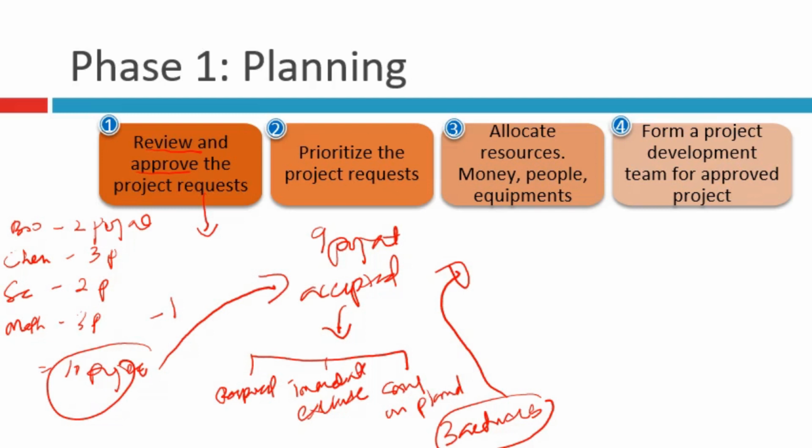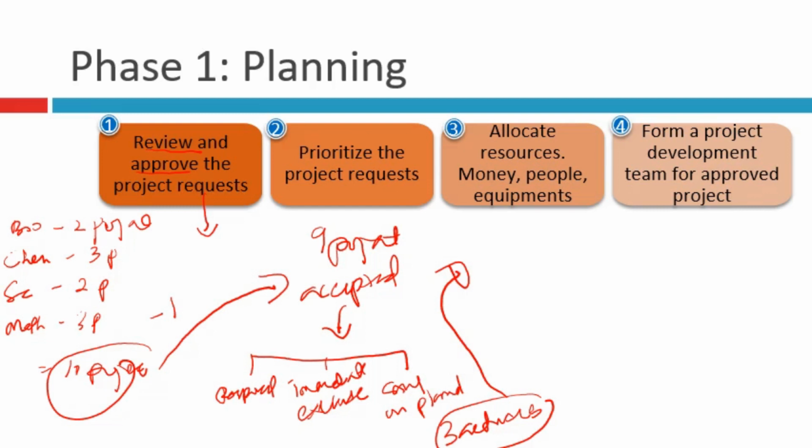So, dalam fasa ketiga, dalam aktiviti ketiga, all the 3, ini aktiviti yang dah pass the second activity. Okay, kita katakan 3 projects pass the second activity.